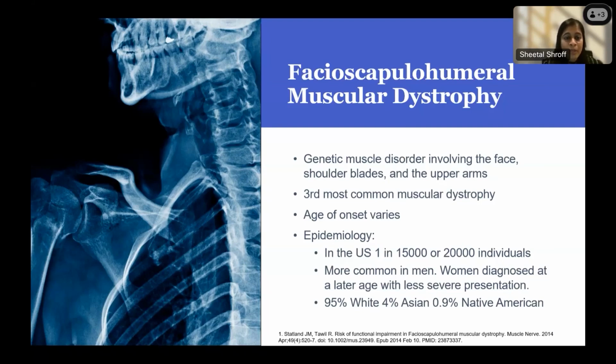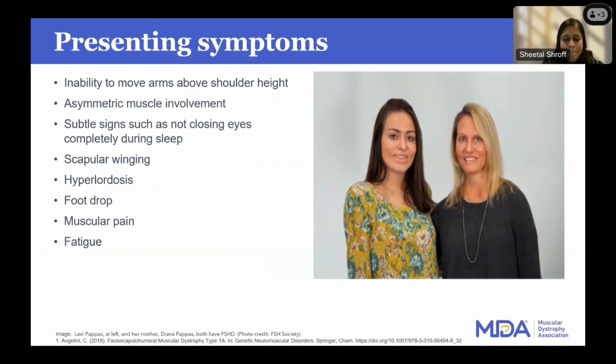It is more common in men, but women can also be affected, with a later age of presentation and a less severe presentation. 95% are Caucasian, 4% Asian, and less than 1% Native American. Next slide, please.